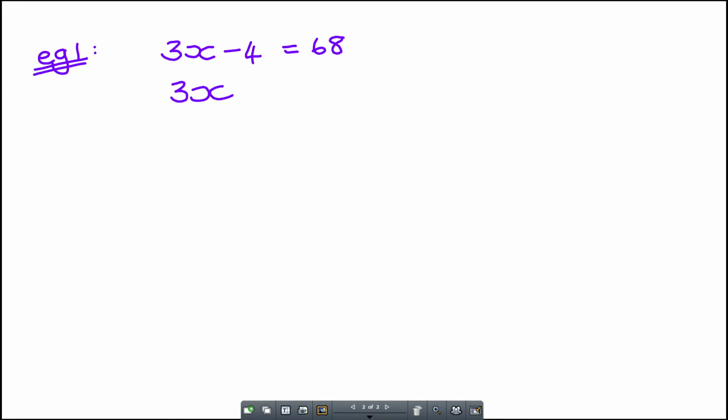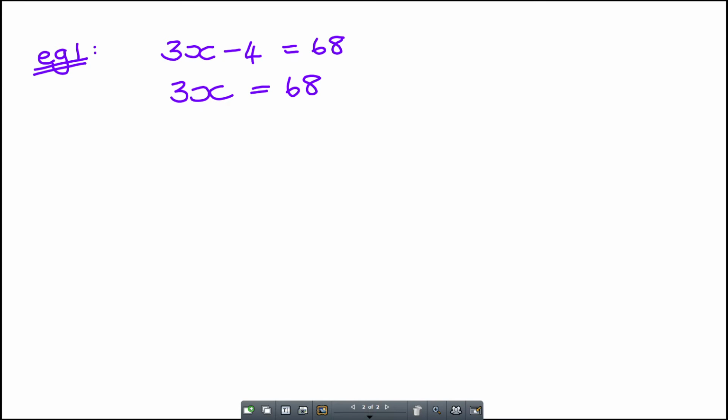Okay, right, so 3x. Now, we said normal numbers we want on the right. So can you see this one is already on the right? But that one has got to move to the other side of the equation. Does that make sense? Okay, so we first write down what was there first, meaning the 68.